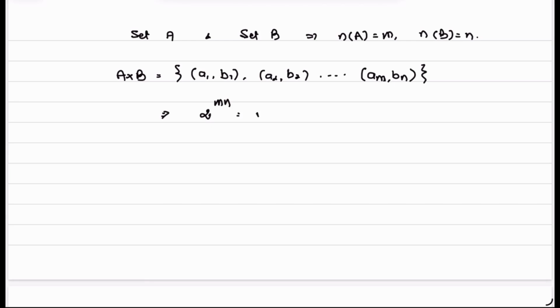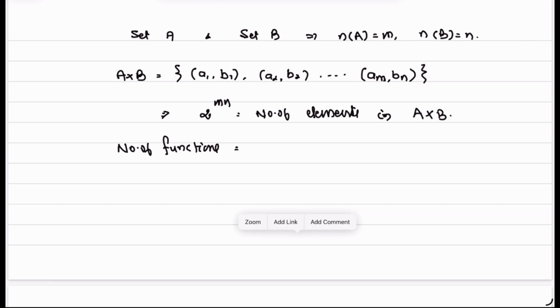These are the number of elements in A cross B. The number of functions in A cross B will be q to the power of p, because it is A cross B. A has, sorry, it is not q, I have written as it was in the, it is n cross m, n to the power of m.